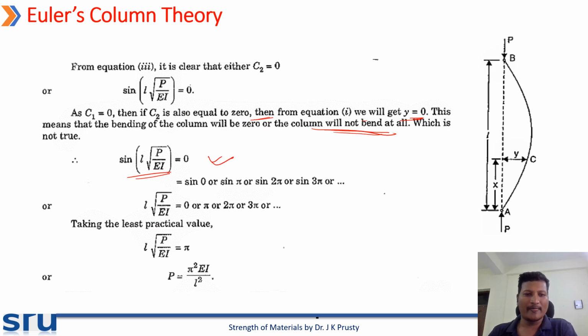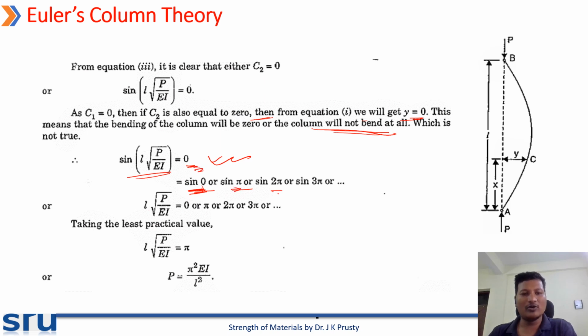So if sin L into root over P by EI is equal to 0, it may be sin 0, or sin pi, or sin 2 pi. I am writing L root over P by EI as 0, pi, 2 pi. It may be sin 0 is 0 or sin pi is 0 like that.